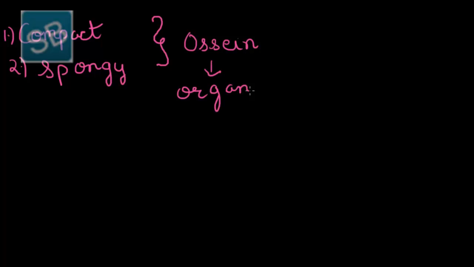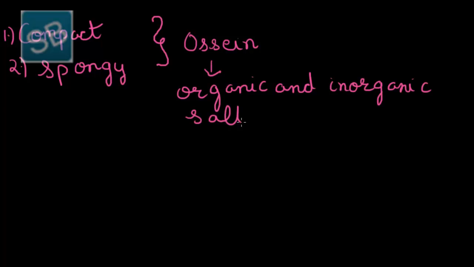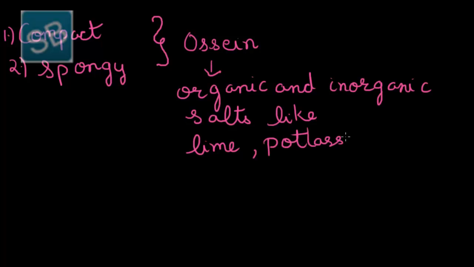The ground matrix in both is composed of a protein known as ossein, which is impregnated with organic salts and inorganic salts like lime salt, potassium, phosphorus, sodium salt, and many others.